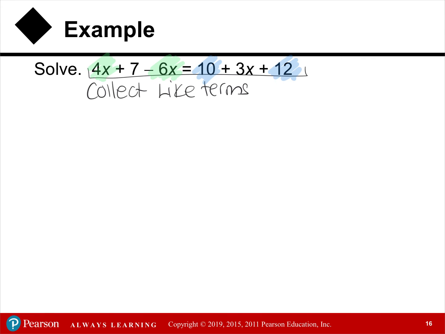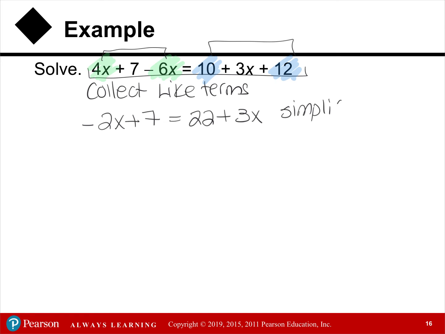So I'm going to collect these two together, which means I look at the coefficients in front, which is the numbers in front. So 4x minus 6x gives me negative 2x plus 7. So that's me collecting them. And then 10 and 12 would give me 22 plus 3x. So it's kind of like a way of simplifying.